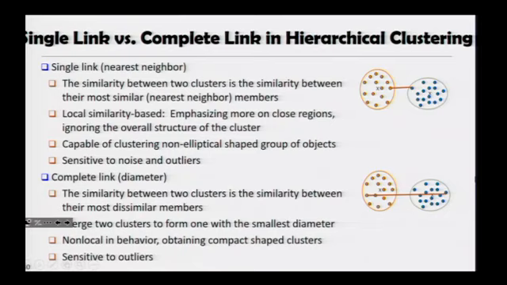In contrast, the complete link definition looks at the most distant members between these two clusters.